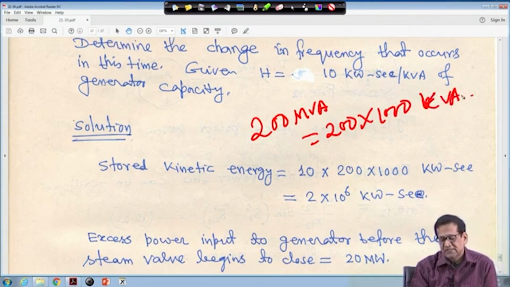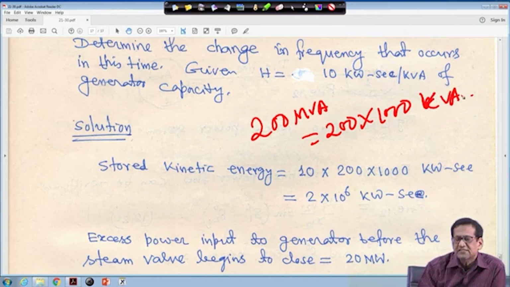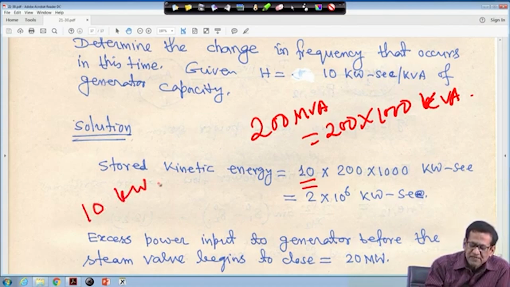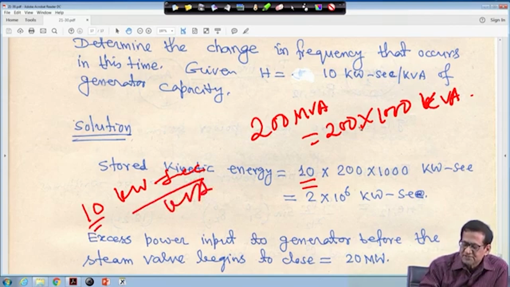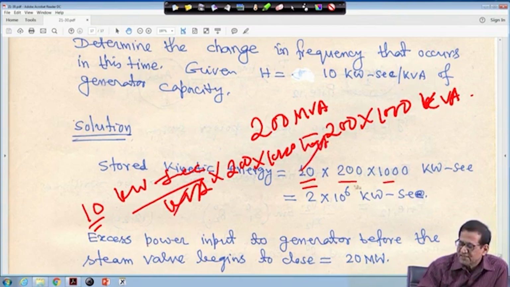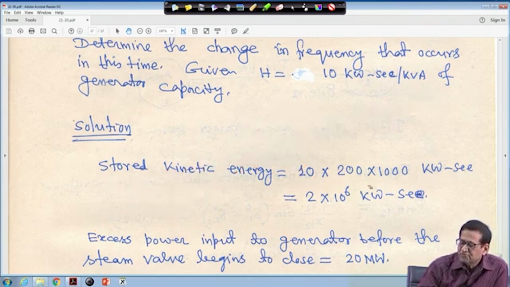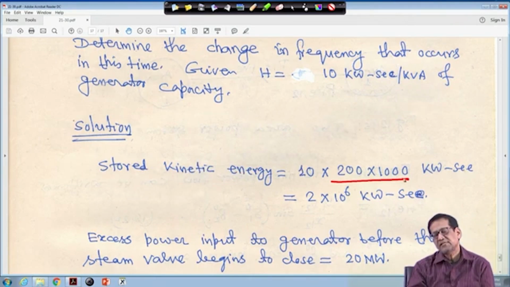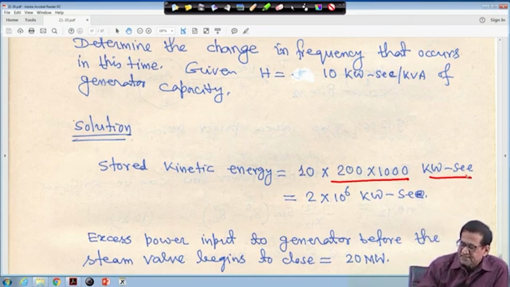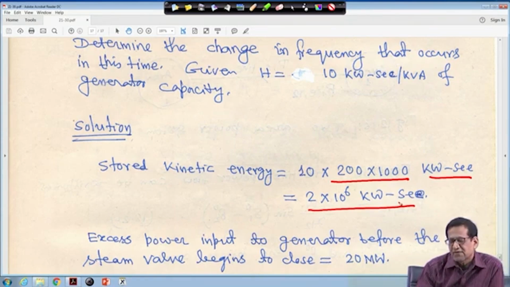So it is 10 kilowatt-seconds per kVA, the inertia H, into the rating, 10 into 200 into 1000 kVA. The kVA cancels, and finally it becomes 2 into 10 to the power 6 kilowatt-seconds.